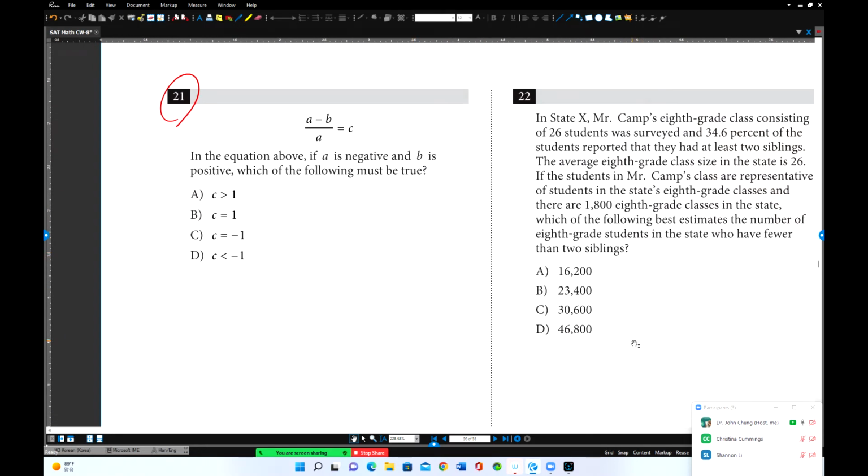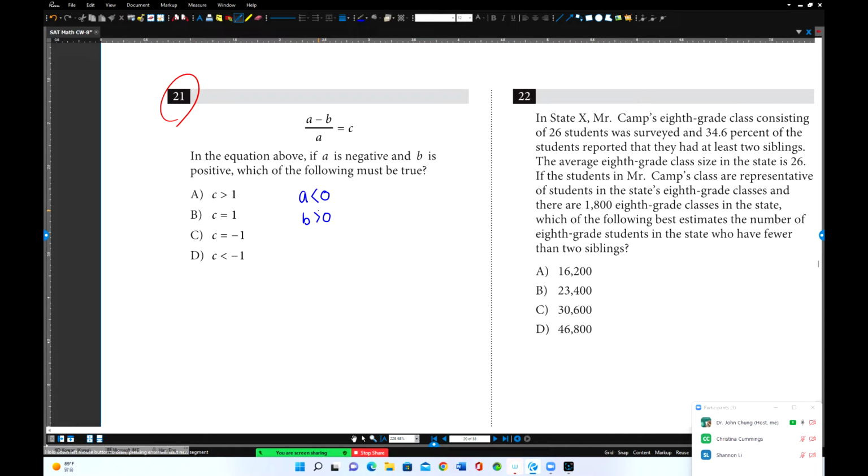We have the equation (a minus b) over a equals c. We know a is negative and b is positive. Which of the following must be true?